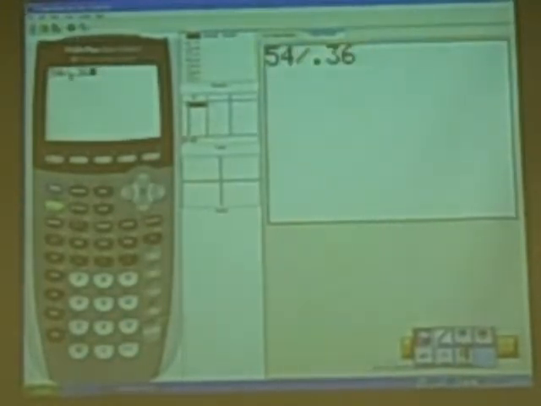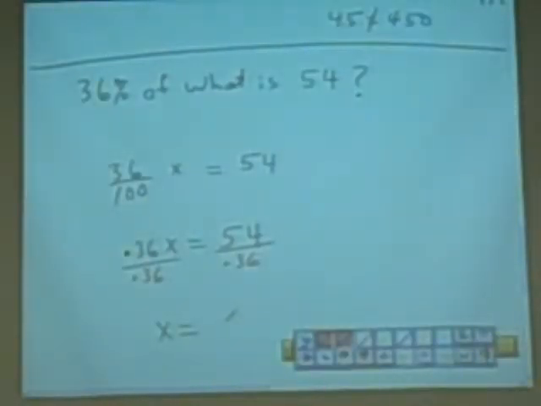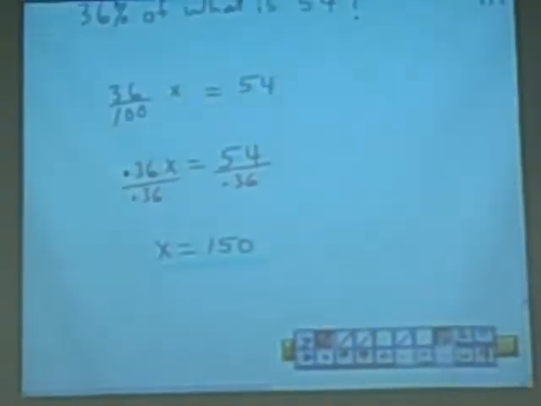You want to make sure that you always check it because you're not used to using a calculator where you're dividing a percent into something, so it's easy to miss that. And so we get 150. And so we can say that x equals to 150. And that's our answer.